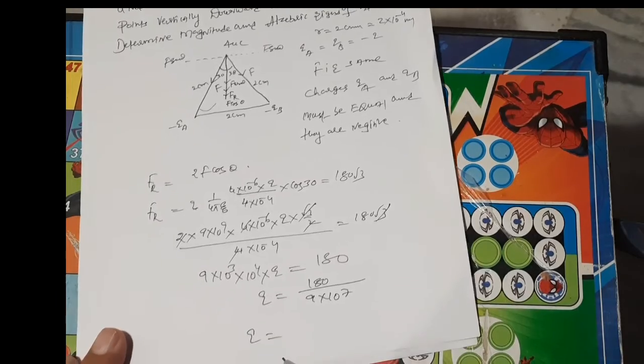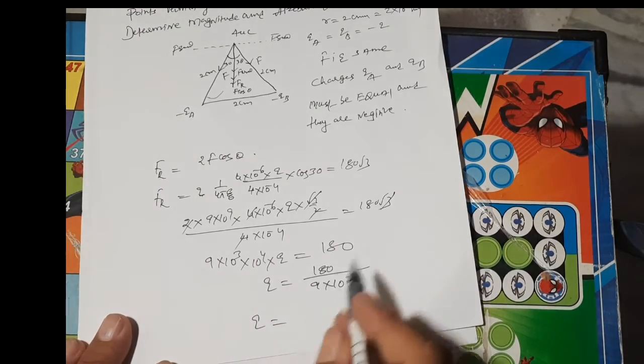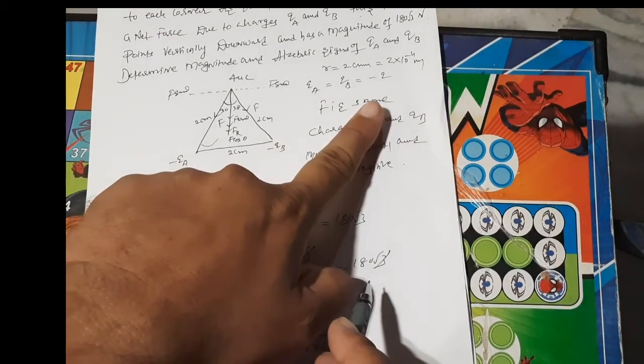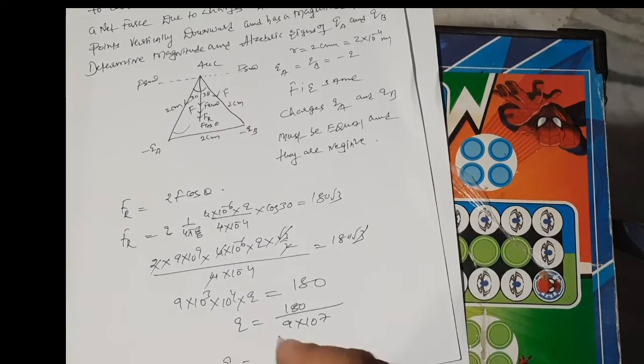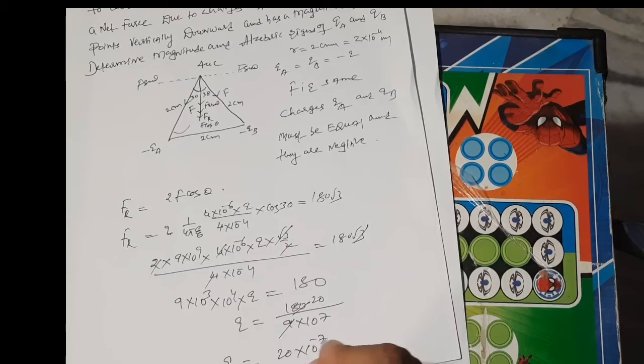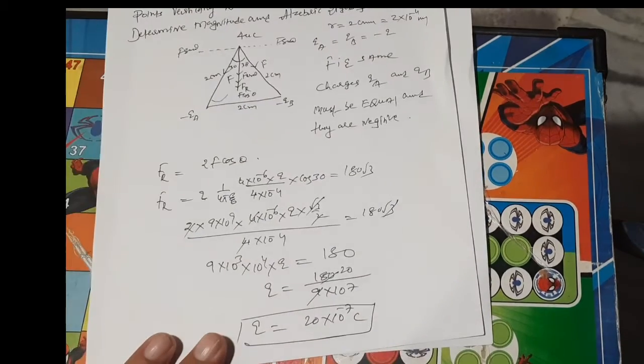Q is the unknown charge, QA is equal to QB is equal to Q. So Q is equal to 20 into 10 to the power of minus 7 coulombs. So this is the answer of the problem.